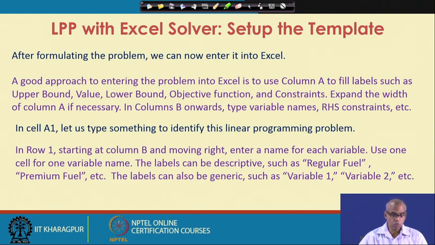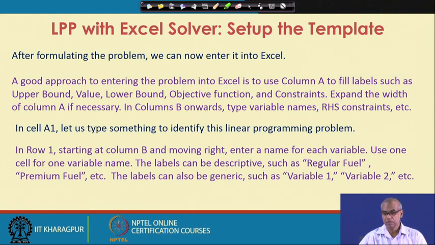Use one cell for one variable name. The labels can be descriptive such as regular fuel, premium fuel, etc., or the labels can also be generic such as variable 1, variable 2, etc. You can also give names such as x 1, x 2, etc. So, whatever is convenient, you can accordingly give labels for variable names.